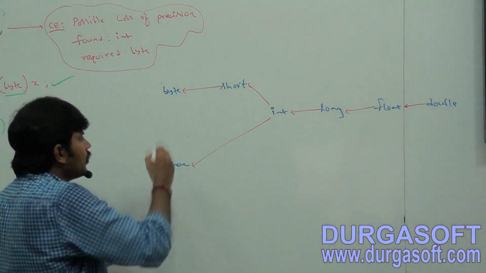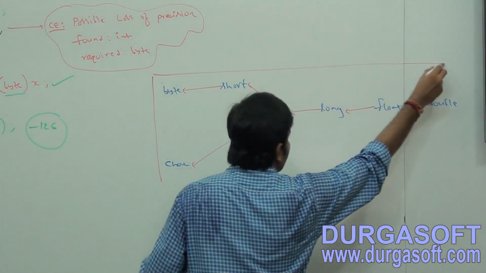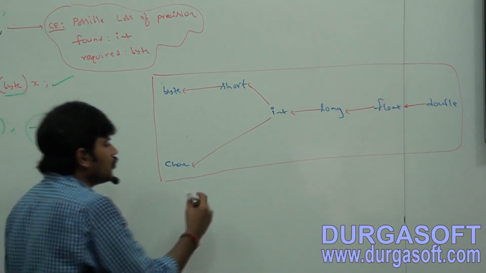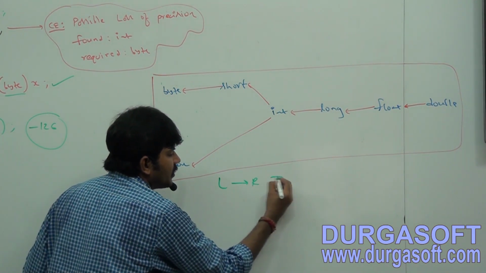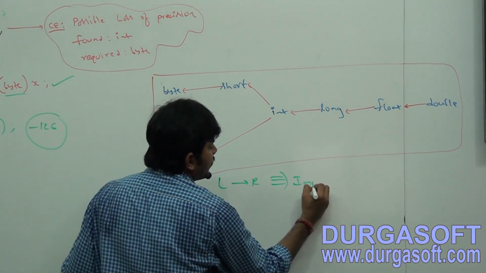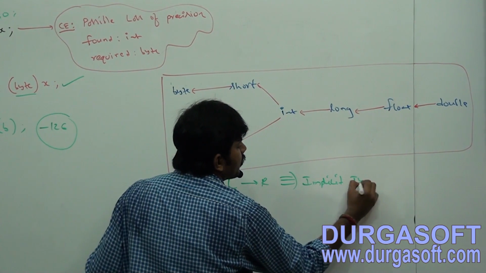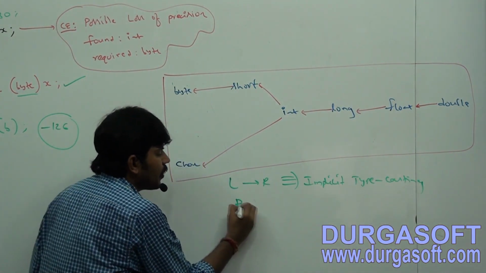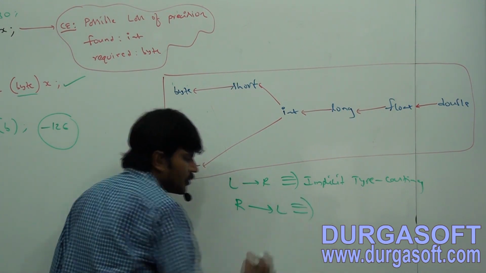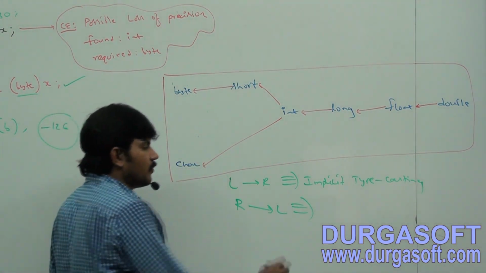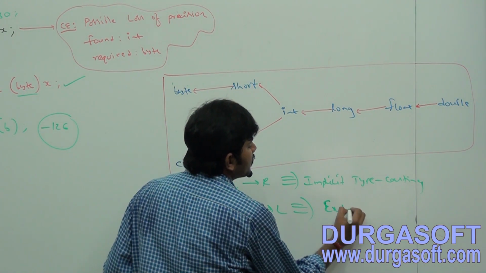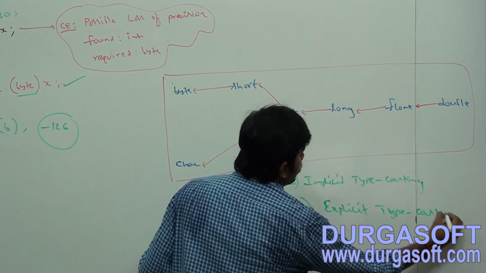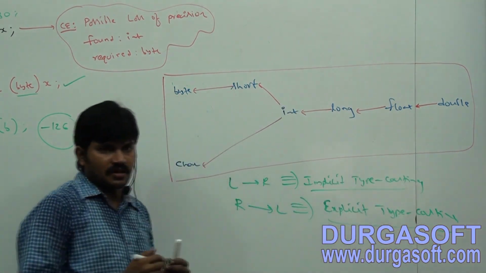So if we move from left to right, it is implicit typecasting. If we move from right to left, it is explicit typecasting. Now the terminology is clear.